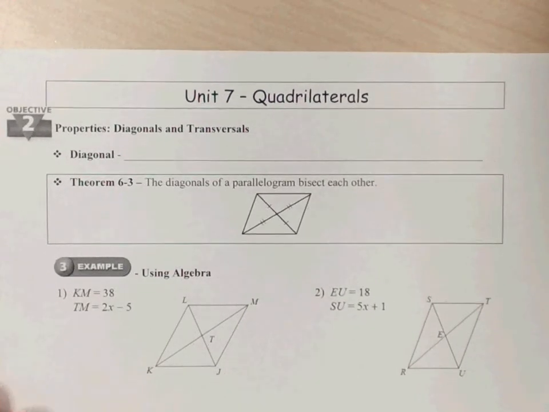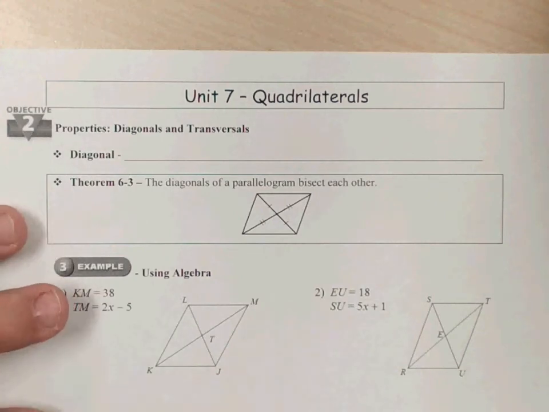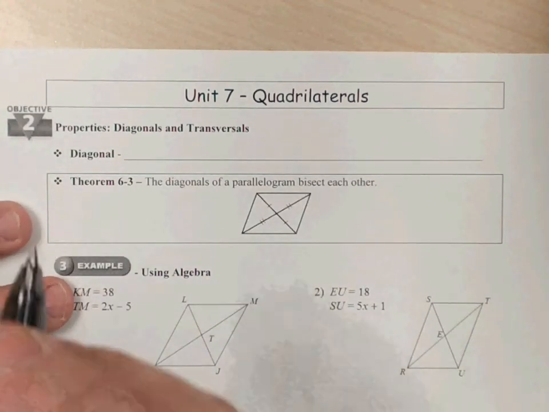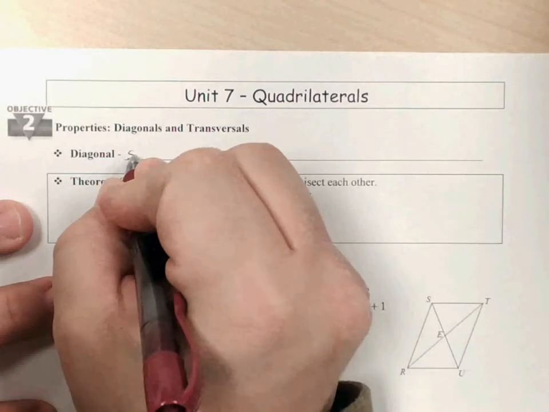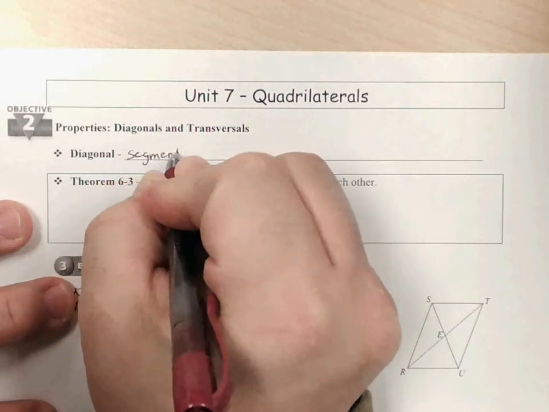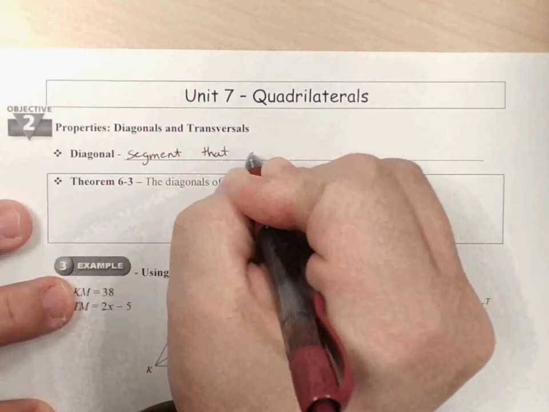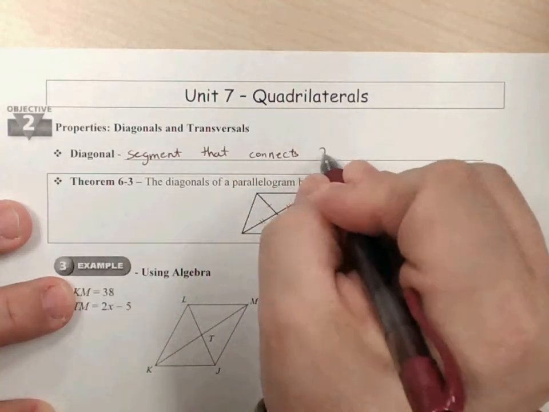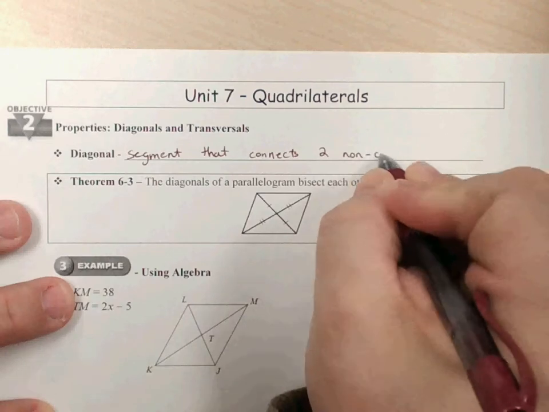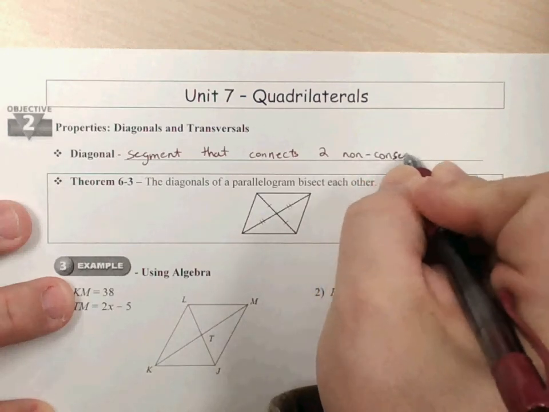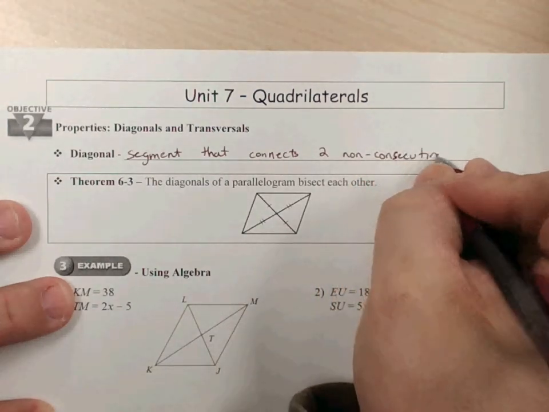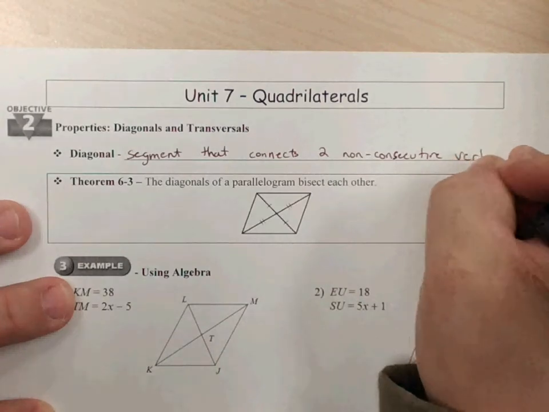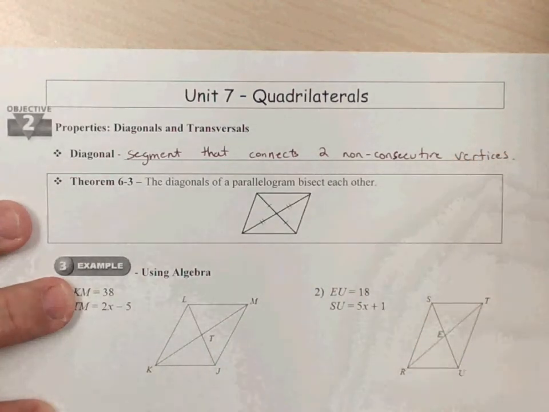And we talked about diagonals before. Diagonals were talked about when we did concave and convex figures, and we said that it's a segment that connects two non-consecutive vertices.